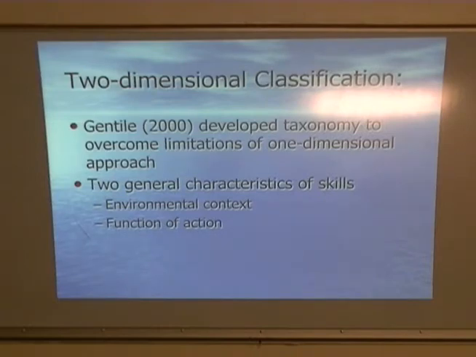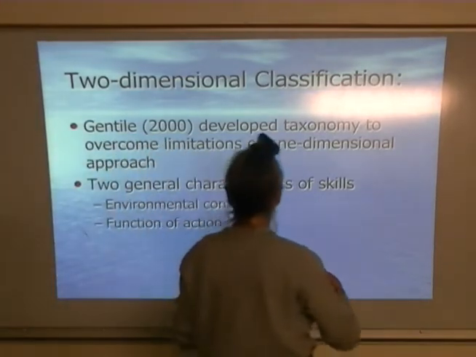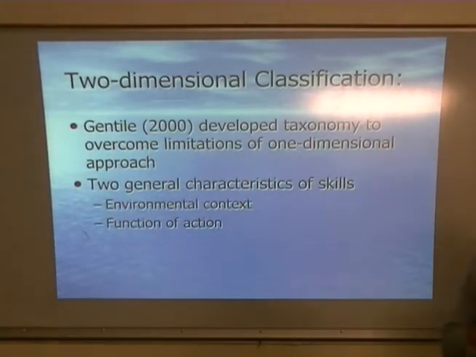The first thing Gentile did was to divide skills. She wanted to look at two overarching, like the two main points. One was to do with the context, with the environment. The other one's to do with the action and what it's trying to achieve.